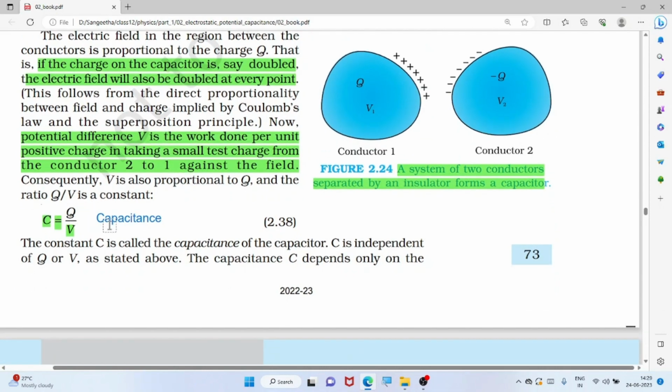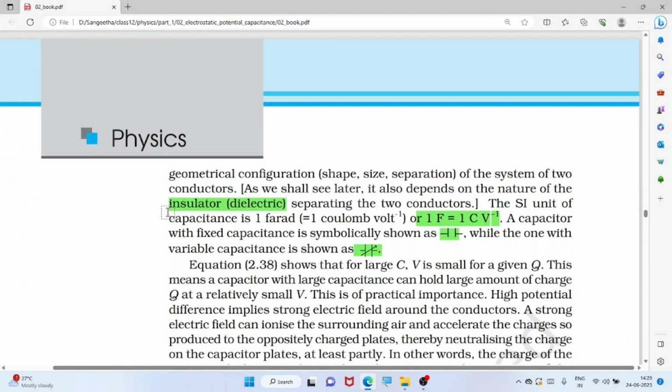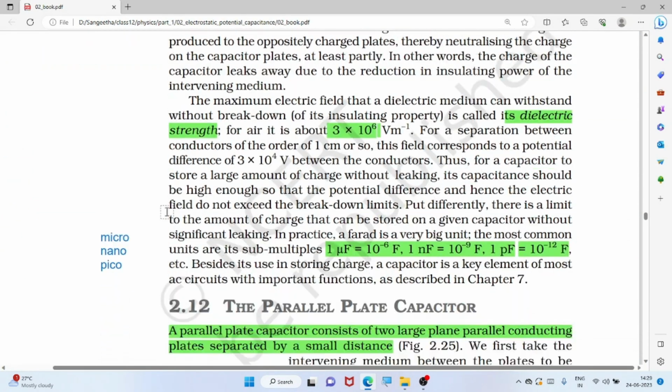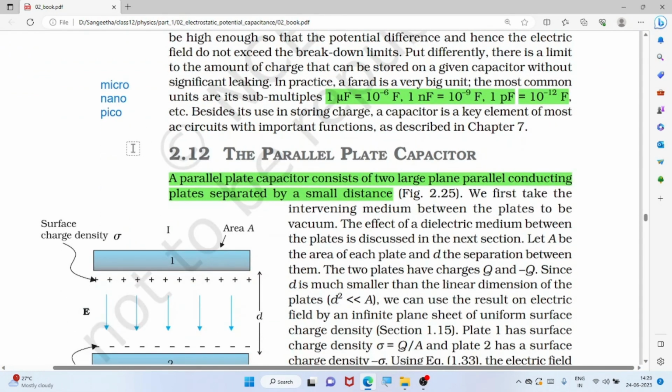C equal to Q by V, charge by potential. Micro is 10 power minus 6, nano 10 power minus 9, pico 10 power minus 12.